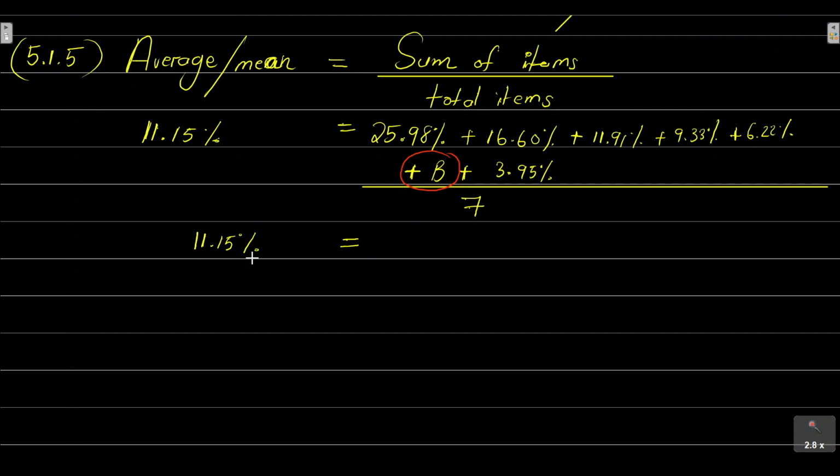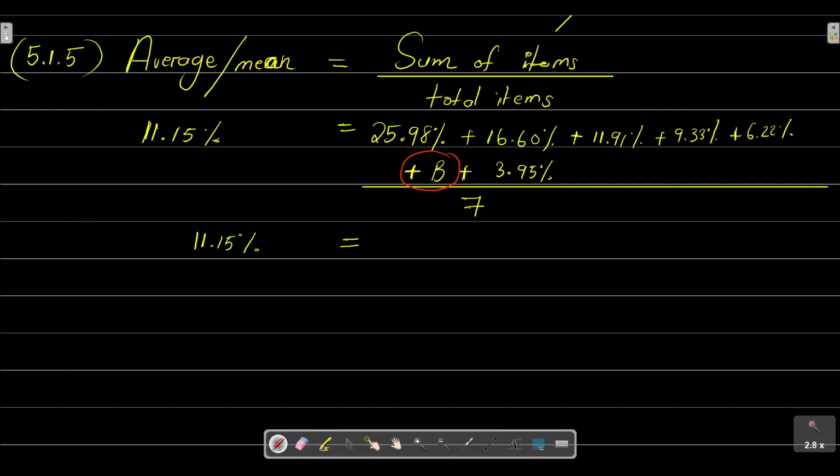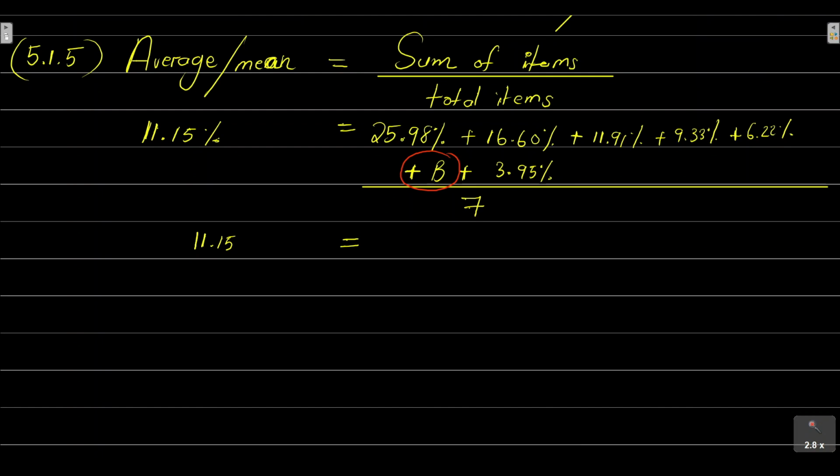I'm going to say 11.15%. Please, guys, don't put the percentage in the calculator. The percentage is just the unit we're working with here, so I can even leave it out so you don't get confused. It tells us that whatever value we get for B represents a percentage.